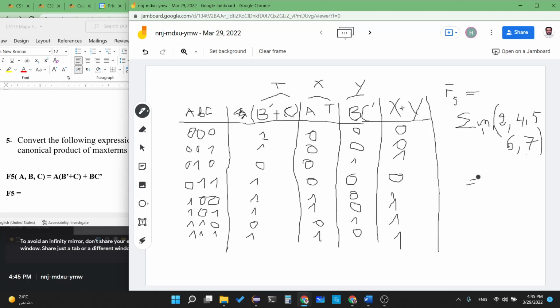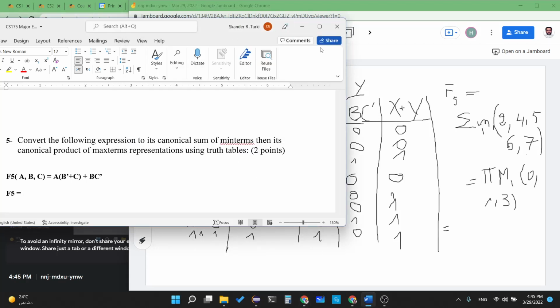This is also equal to the product of the max terms 0, 1, 3. If you want to write the details, here I will write the minterms. I will not write all of them, but I will write them here because it's easier.